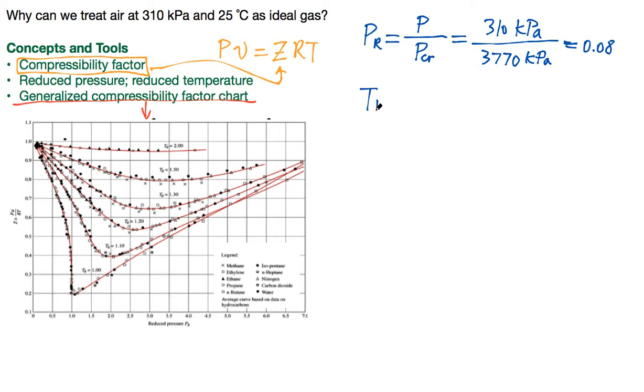The reduced temperature is defined as the temperature of the system divided by the critical temperature of the pure substance that makes up the system.